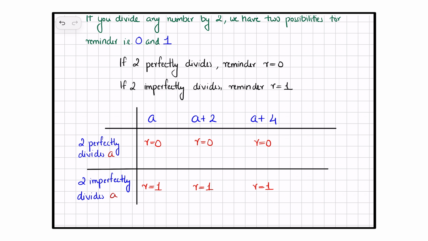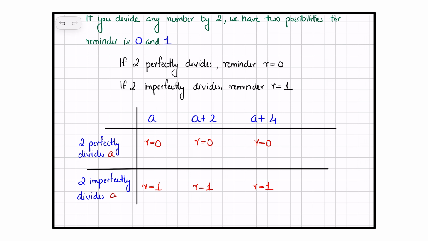So with respect to 2, we have only two remainders possible, r equal to 0 and r equal to 1. And in scenario 1, we see that all the numbers are perfectly divided by 2, leaving 0 as the remainder. So any of the numbers is a multiple of 2. And in the second scenario, we have a remainder of 1 for all three numbers.